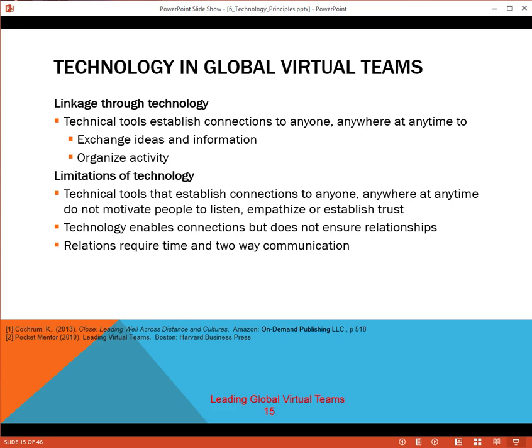There are limitations to technology. Technical tools that establish connections to anywhere at any time do not motivate people to listen, empathize, or establish trust. Technology enables connections, but it does not ensure relationships. And relationships require time and two-way communication.